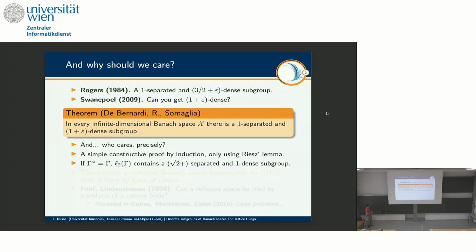Now, if I am in a Hilbert space, what does it mean that... I have to change board. I have these 2 points. What does it mean that I'm closer to this point than to that point? Well, I'm in a Hilbert space, so I can draw the segment. This I can do every time.